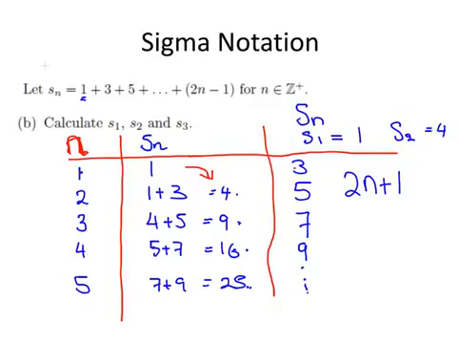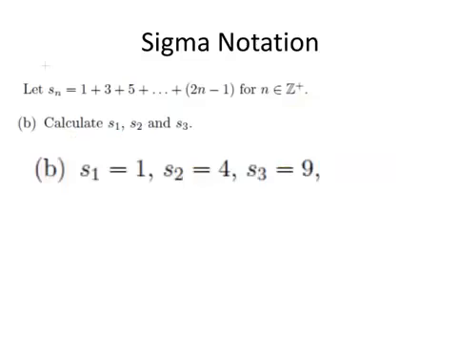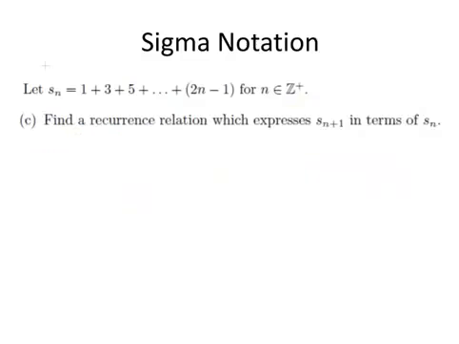But what does this 2n plus 1 mean? I'm going to do this all now in the next slide. Let's recap on what I've said previously. n is 1, 2, 3, 4.